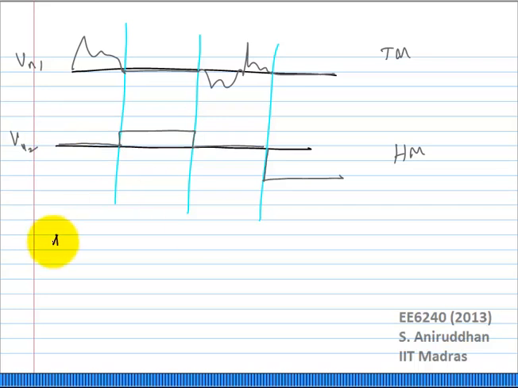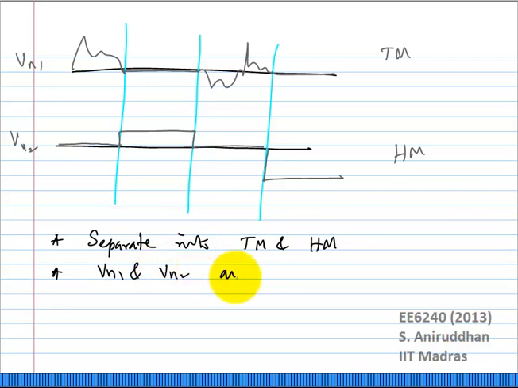So we are going to separate into these two modes, but they are partially correlated. How do you find out the correlation between VN1 and VN2?